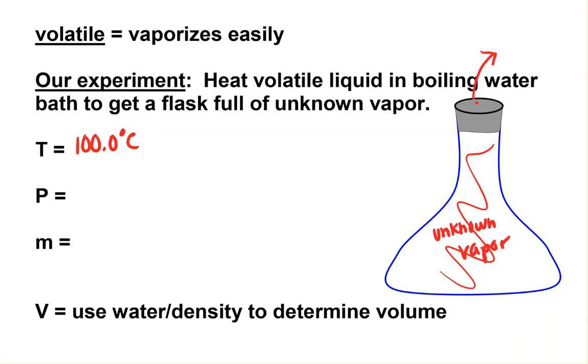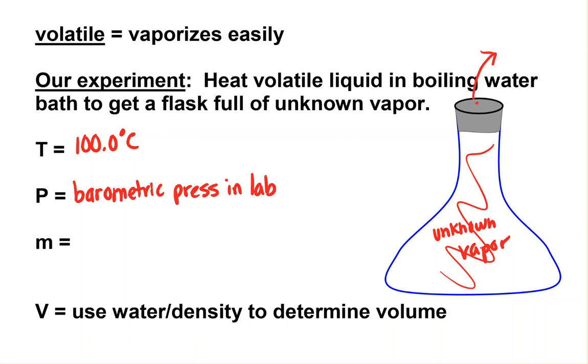Since it has this little hole up here, if the pressures aren't the same, gas would leave. So it will be the same as the room. So we'll say it's the barometric pressure. That's what we'll use.